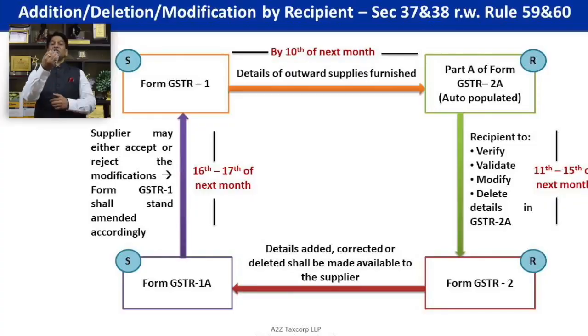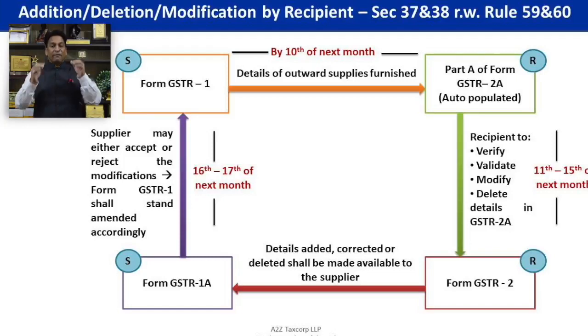Once you finalize it, it gets auto-populated in GSTR-1A for your supplier. Your supplier can see what all additions and modifications have been done by the recipient of goods or services pertaining to his supply.